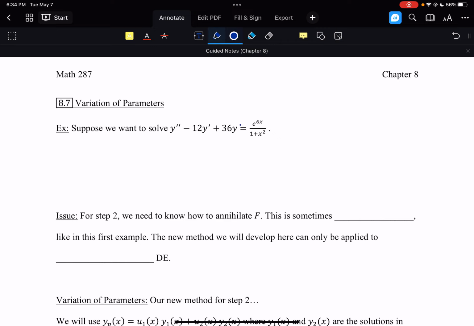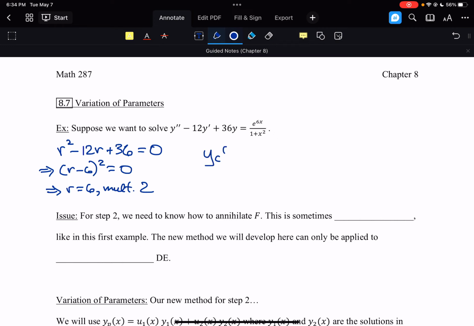If we set that up using the derivative operator and then convert to the auxiliary equation, we would get r squared minus 12r plus 36 equals 0. We would factor, that's r minus 6 squared equals 0. So we get r equals 6 with a multiplicity of 2.